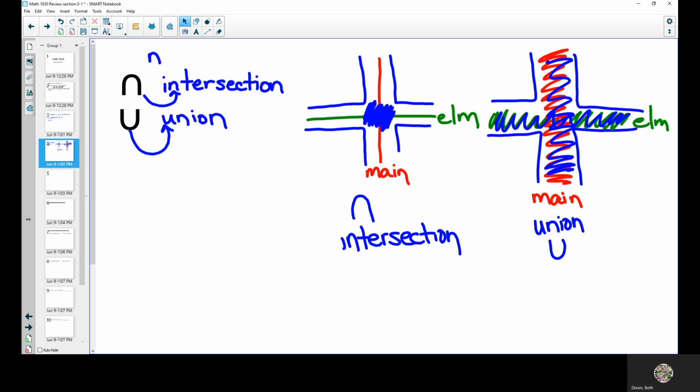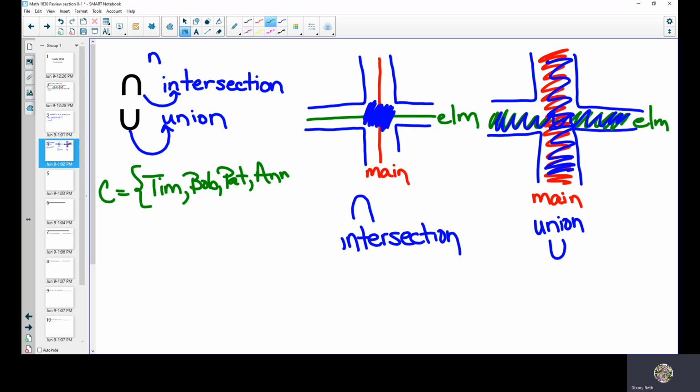Now, let's look at an example of this. Let's say we have a class, and in this class, let's say it's a calculus class. So in a calculus class, I have the students Tim, Bob, Pat, and Ann.